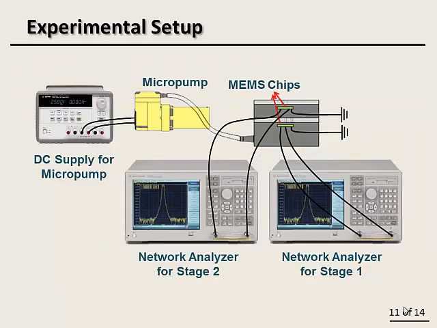Here is the schematic of the experimental setup. The resonance frequency of each of the resonators in each stage was monitored continuously in real time using two separate network analyzers for monitoring air samples from three different sources: regular laboratory air, air purifier, and also clean room air.